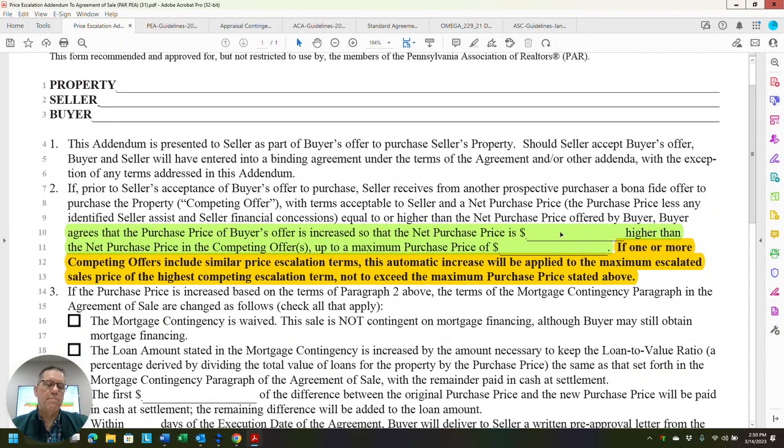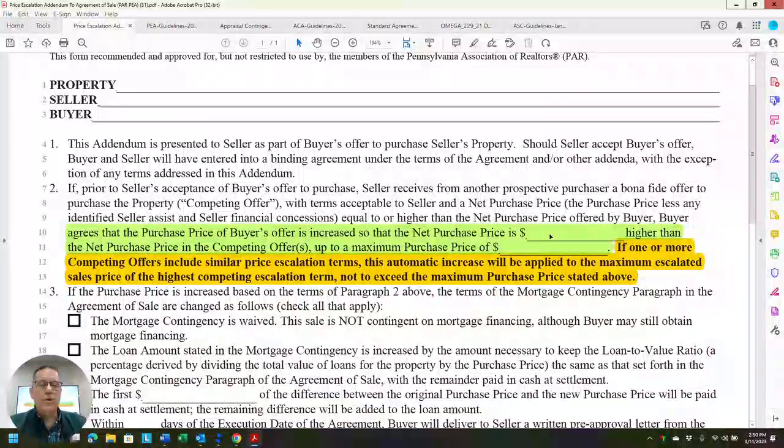So if you're going to escalate by $1,100 over the next highest offer, and you're going to go to $230,000, and you started at $220,000, you will never hit $230,000. You're either going to come up short of that number, or you're going to go slightly higher than that number. So always take the purchase price that you're offering and apply your escalation amount to that number until you get close to the highest number that your buyer is willing to go.